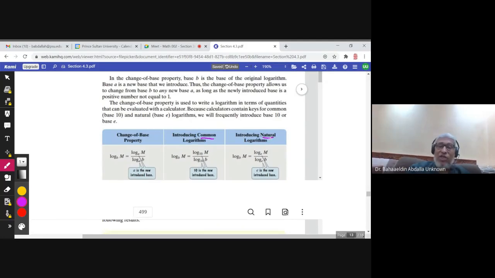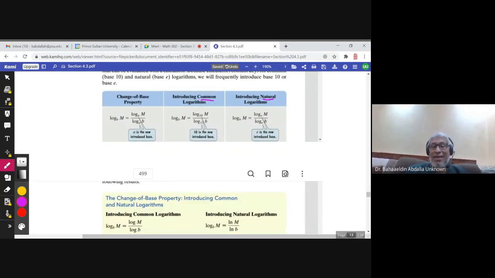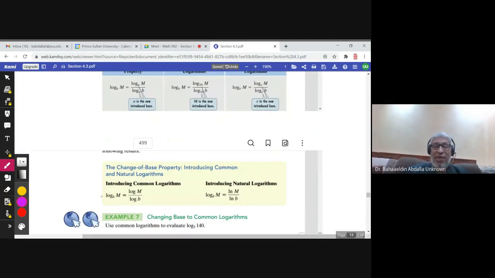So if you change it to log 10, this means that log base b of m would be equal to log m over log b. And log base b of m would also be equal to ln m, which is log m to the base e, ln m over ln b. And this means that there is a button in the calculator to evaluate log of 140 to the base 5.